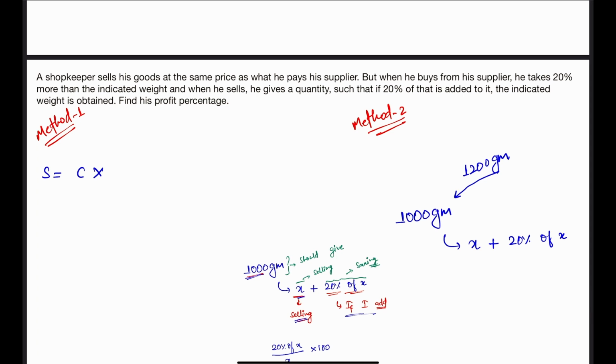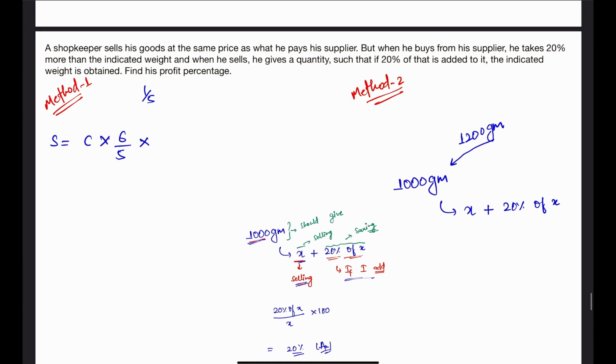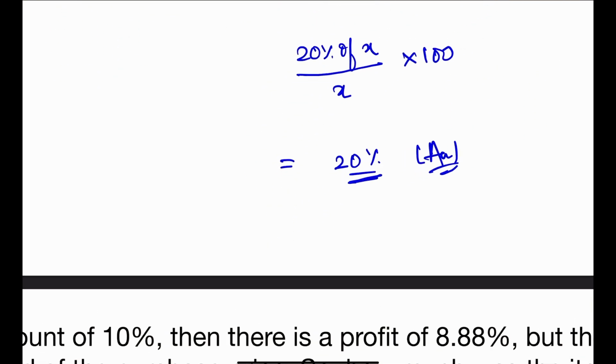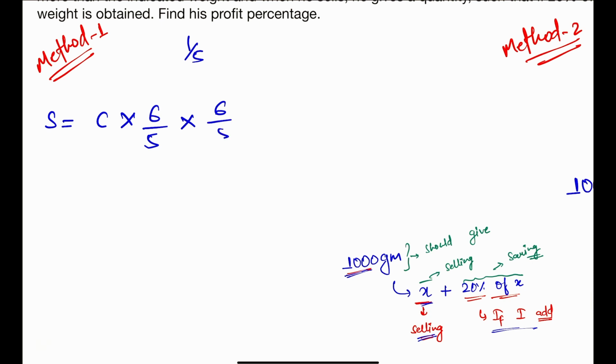It's not from the perspective of the wholesaler, he is taking 20% more than the indicated weight, so his profit will be 1 by 5, multiplying factor is 6 by 5 into, again, the second case we already understood, this is the profit of the shopkeeper, so profit of the shopkeeper is again 20%, that is 1 by 5, so in fractional terms it will be 6 by 5.